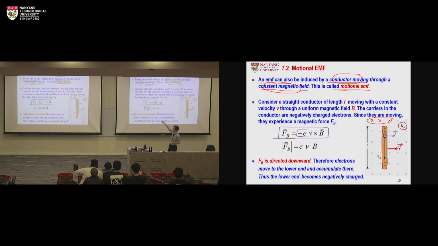So you need to reverse V cross B to get FB, right? Again, remember this just gives you the direction of V cross B. Whether this is the same as FB or not depends on the charge polarity. If it's a positive charge, then the same. If it's a negative charge, like in this case, you need to reverse the direction to get FB, right?